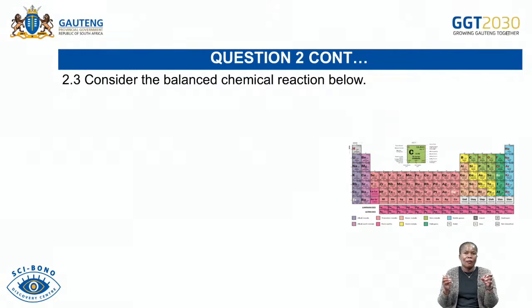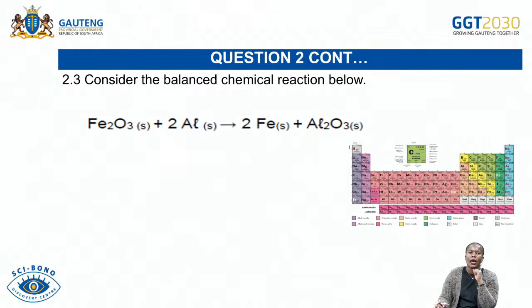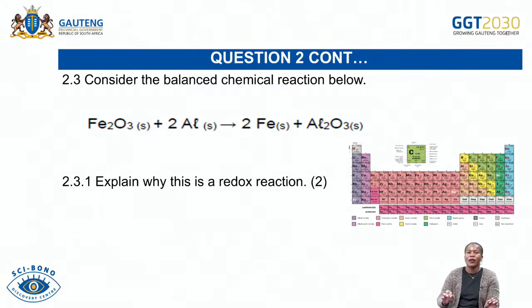Determining the oxidation number in a balanced chemical reaction. What does this one say? Fe2O3 plus 2Al. So it's iron oxide reacting with aluminium. Even before we look at the questions, remember what we said: let's assign the oxidation numbers of each element in this compound.